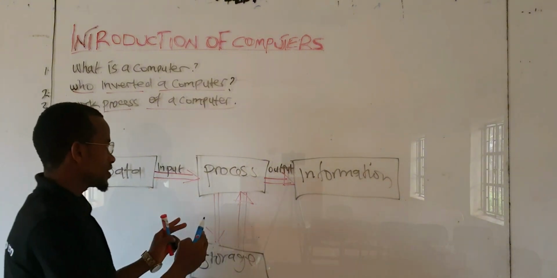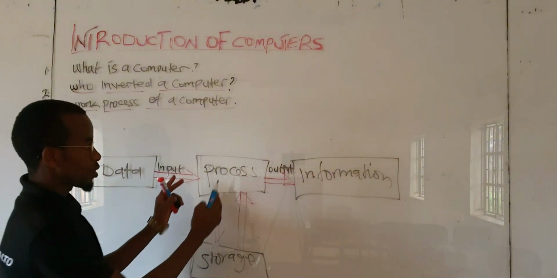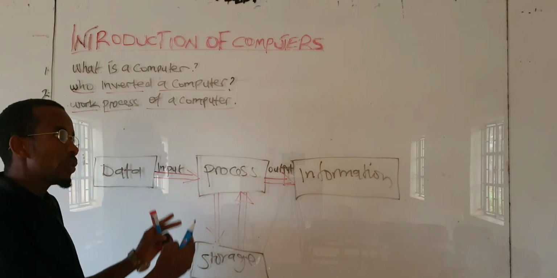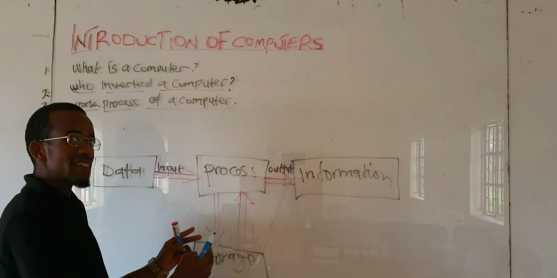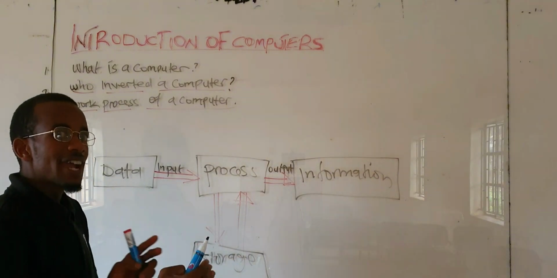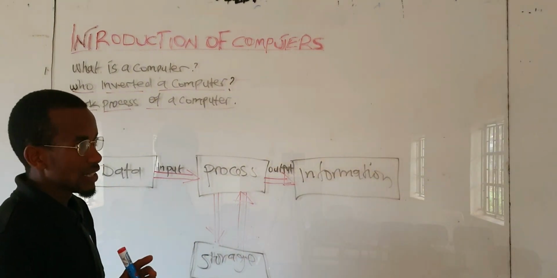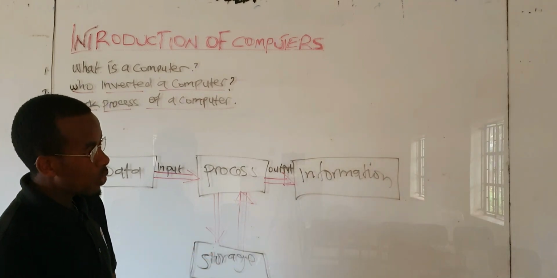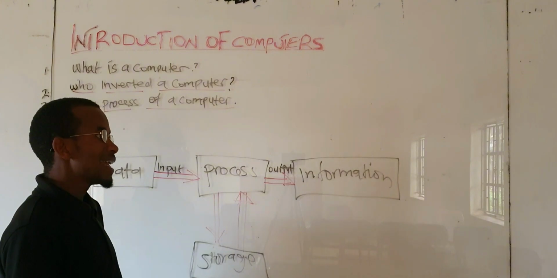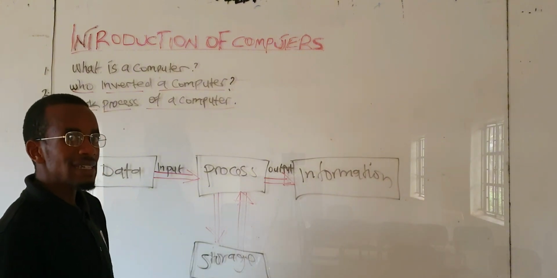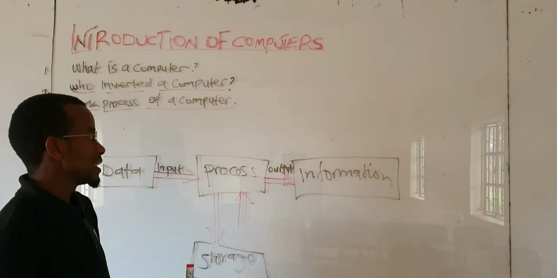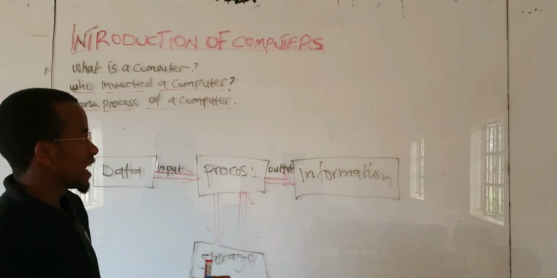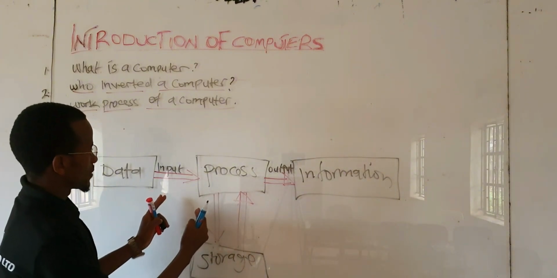Then after inputting the data, now you process. So for process, now you change the work that you have input, you format it. For example, you can format your document by formatting the font size, the font color, and bolding. You can bold, you can put underline, that is process.